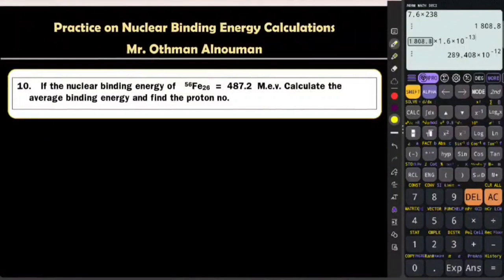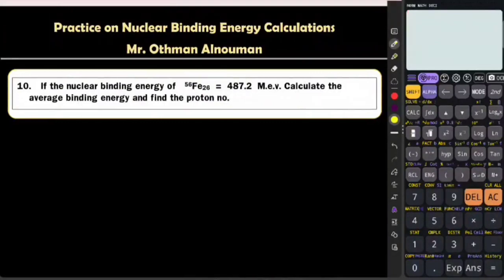Here, if the nuclear bonding energy of iron equals 487.2 million electron volt, calculate the average bonding energy. Very easy. We are going to divide the binding energy over the nuclear number and find the proton number. The proton number, it is 26. It doesn't need any calculation. But let's see here.